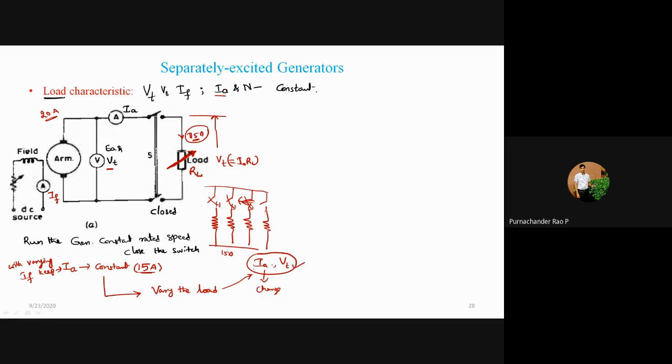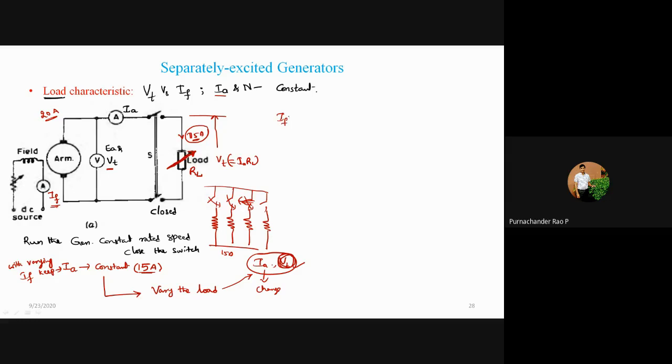So keep this IA constant by varying IF, and therefore you may have a change in the terminal voltage, and a change in IF is also observed here.